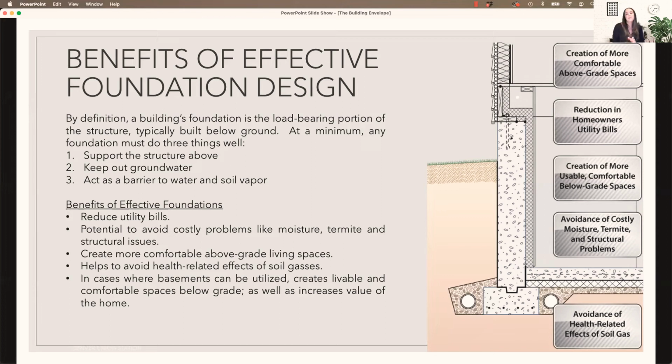And in some cases, it also depends by region. It may be built below ground, or it may be just on grade, on the surface of the ground. But however it's built, whatever type of foundation we're talking about, it must support the structure above, keep out the groundwater, and act as a barrier to water and soil vapor.